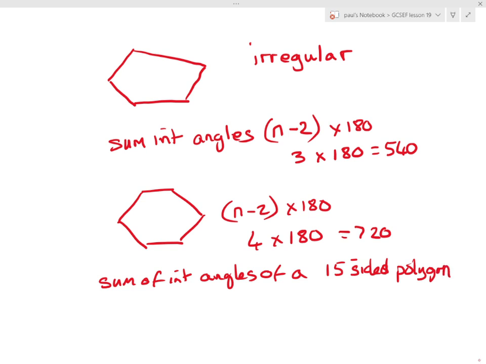Okay, so you're going to do n minus 2 times 180, so you don't even need to draw this now. So it's 15 minus 2 is 13 times 180. I can't do that in my head, so I'm going to use a calculator. 13 times 180 is a fantastic 2340.